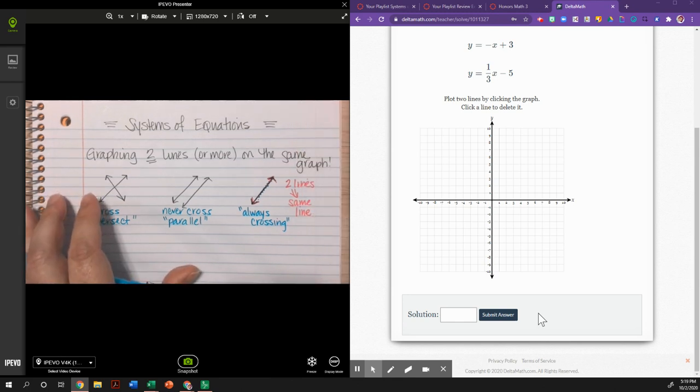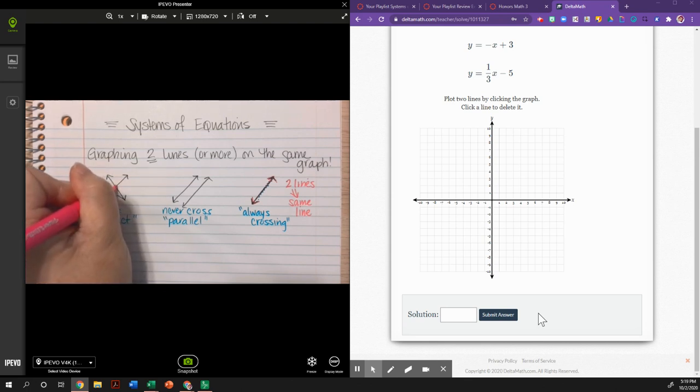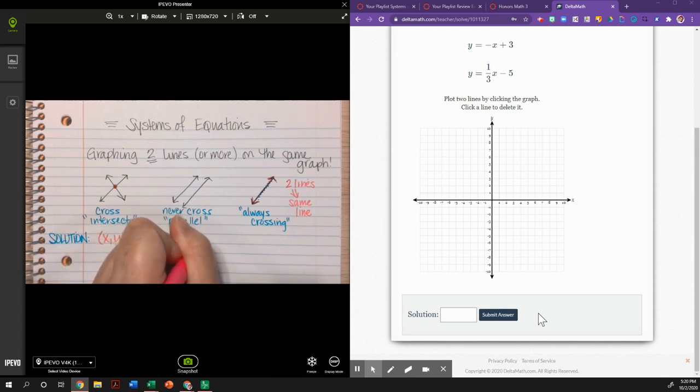Where they cross, you're going to tell me the coordinates of that point, x comma y. If they never cross, then they don't have a solution.